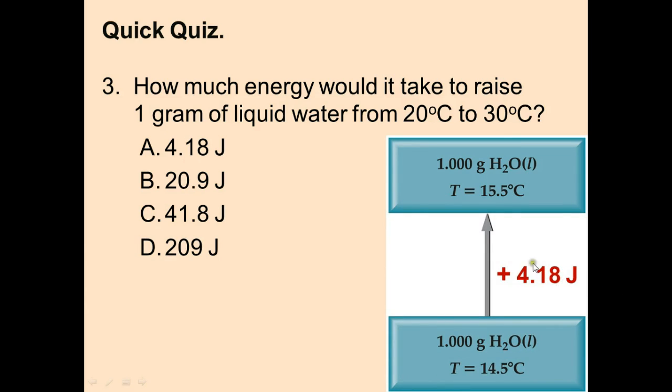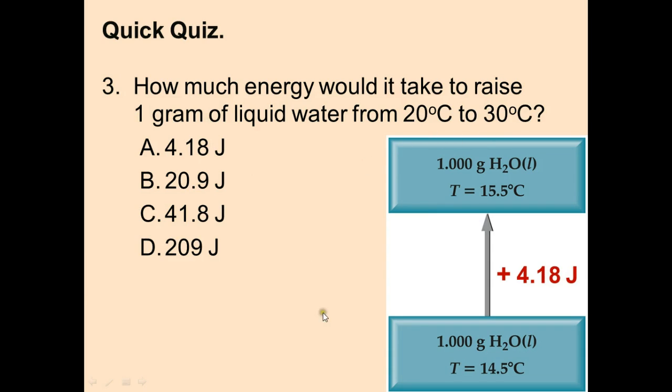So for every gram of water, to increase the temperature, we have to add 4.18 joules. But if we have to change that 1 gram of water 10 degrees, because 20 to 30 is 10, you can do 30 minus 20, you get 10. So we need 4.18 joules for 10 degrees.